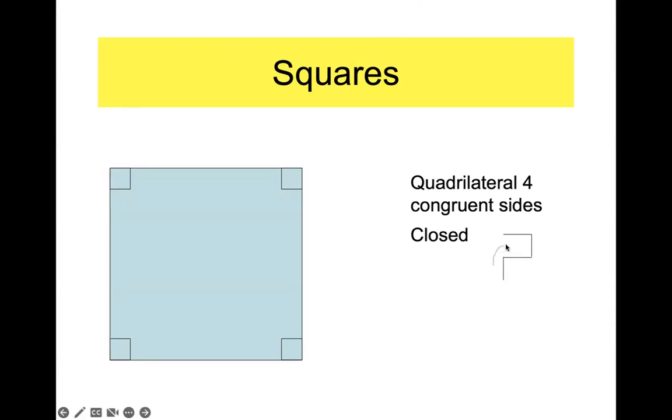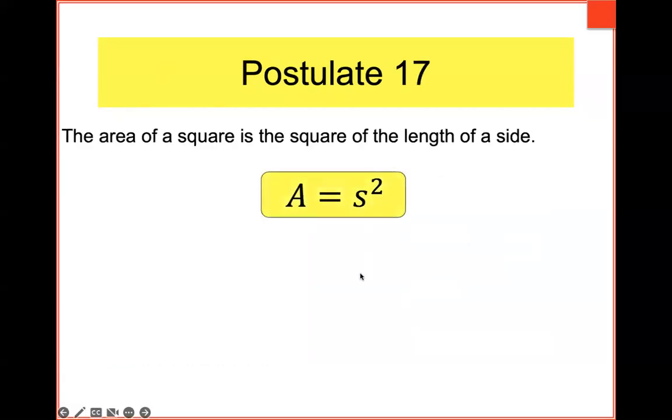Well, I can get right here. If I'm right here, I'm inside the shape. If you try to do that with the square over here, you have to cross a black line. So closed means you can't get to the inside without crossing one of the sides. So it's closed, it's flat, so it's on a flat surface, a plane, and it has four right angles. So that's the definition of a square.